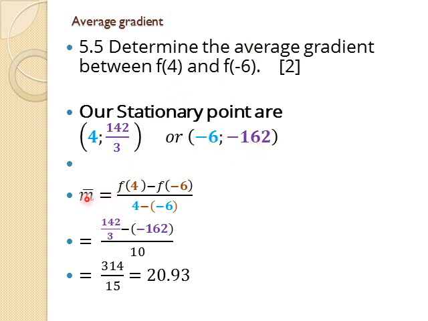So for average gradient, f(4) minus f(-6), over 4 minus -6, so 142 over 3 minus -162, over 4 plus 6 which gives me 10. Simplify, we should get 20.93. So we'll always ask for the average gradient because it's between 2 points and it's not going on the graph but through the 2 points.